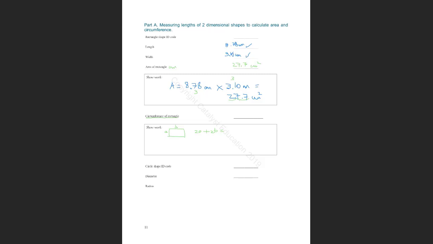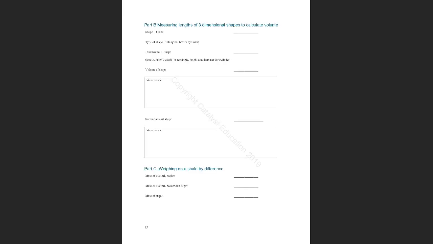And they will give you the formula as well. So this is all about calculations and sig figs. That's all. Area of the circle, circumference of the circle, and then part B, it will be measuring length of volume.